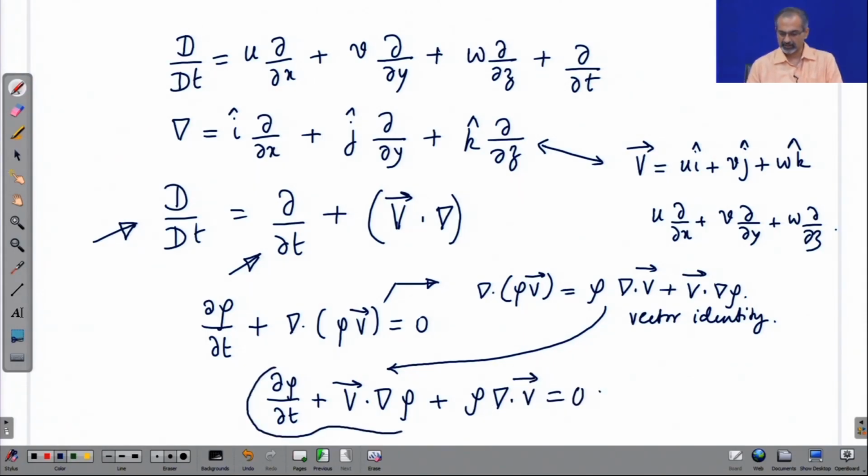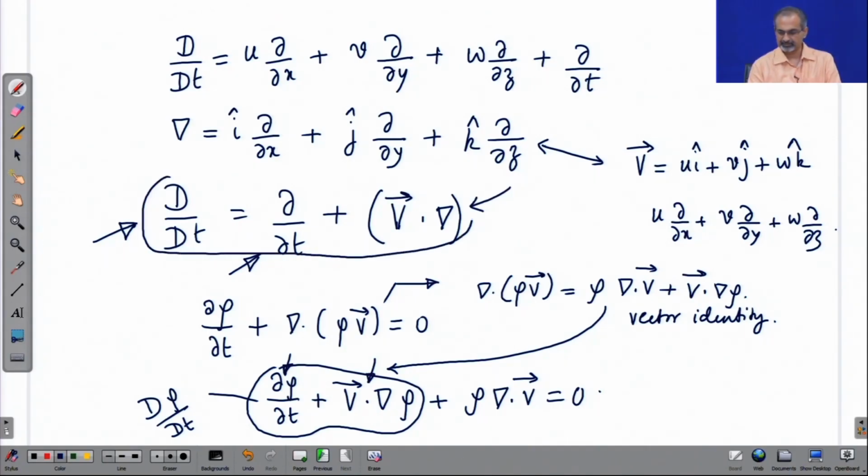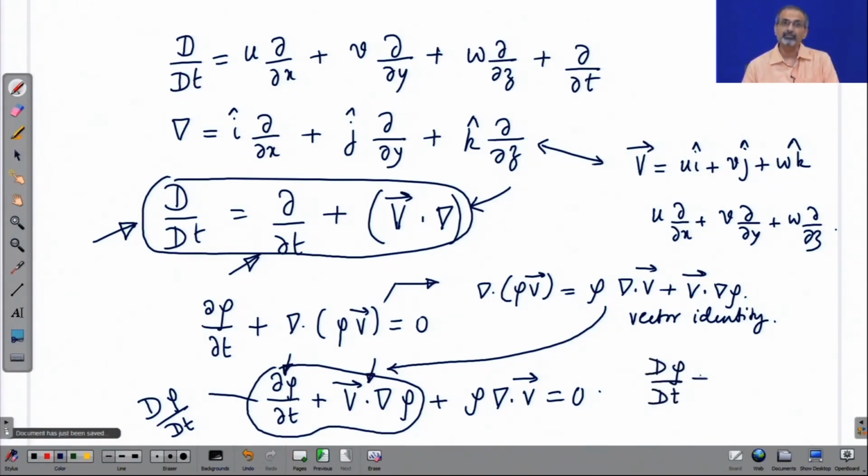Because you can recognize this part as the substantial derivative of rho. You can see the operator del del t and the v dot del operator, like we have mentioned in this equation, which means the continuity equation in the substantial derivative form can be represented like this.